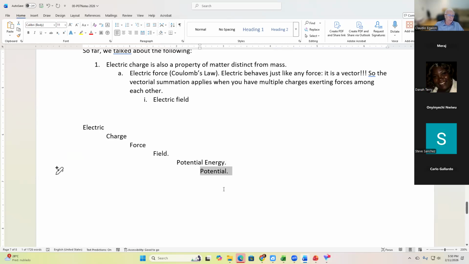We didn't cover the gravitational potential explicitly, but in reality, the gravitational potential is nothing more than the acceleration of gravity, the vector acceleration of gravity, okay?